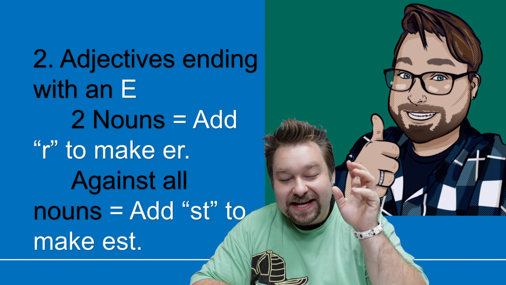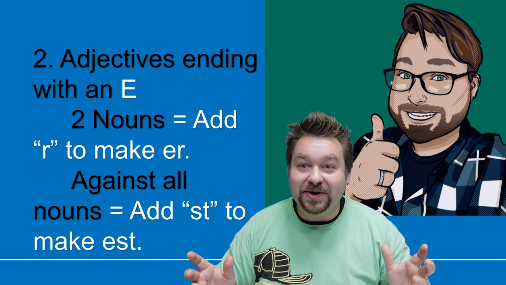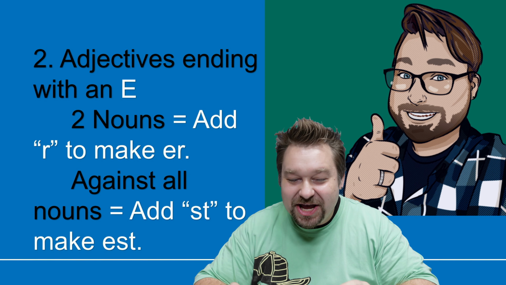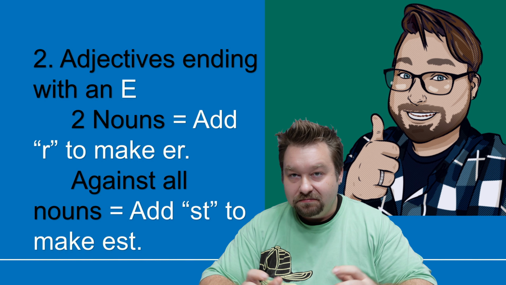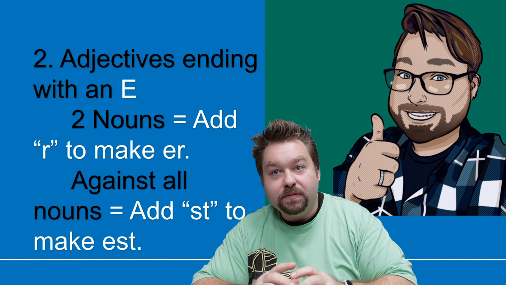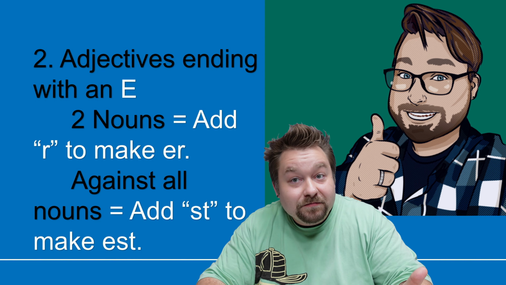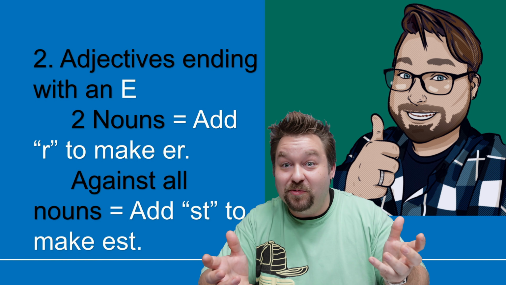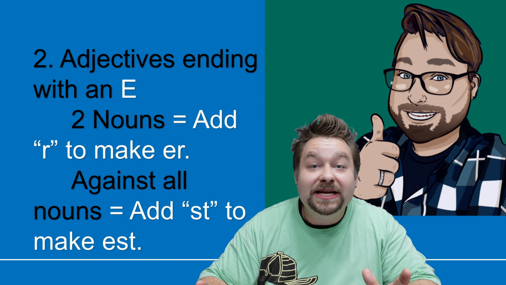And if it's against all nouns, we add ST to make EST. So cool. Number 1 and number 2, we're still trying to get ER and EST. It's kind of like 1 and 2 are just number 1. It's nice. Let's look at an example.